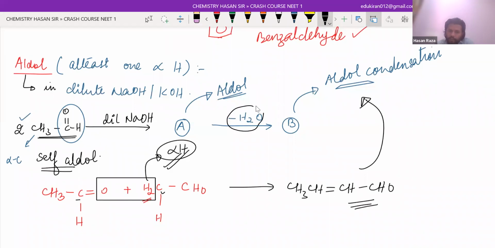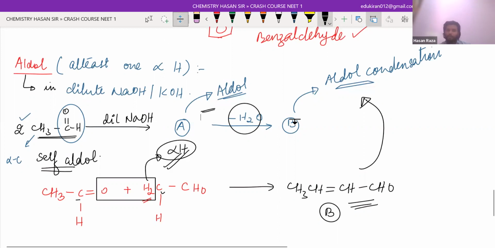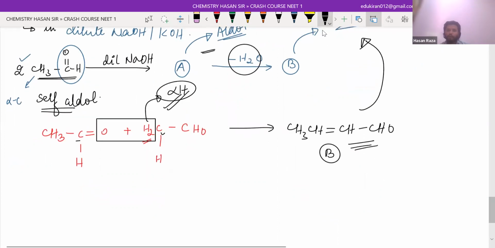Condensation, that means you are removing water. So it is your aldol condensation, that means B. Then how will you calculate the aldol product, the A product? It's very easy. You just removed water, now you need to add water. Water has 2 parts, H plus and OH minus.